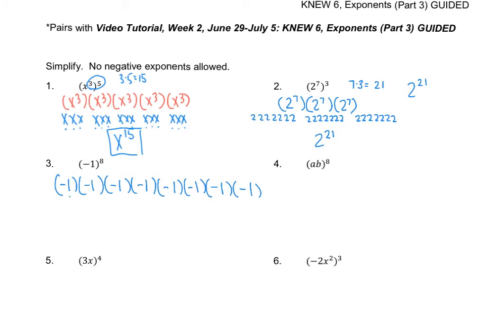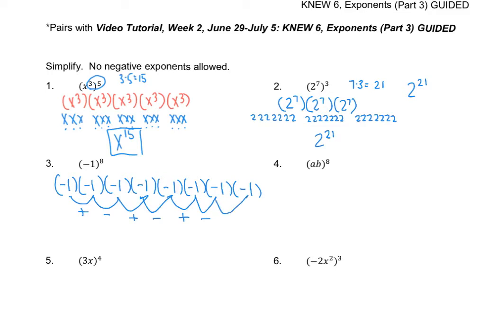A negative times a negative will be a positive. Times a negative will be a negative. Times another negative will be a positive. Times another negative will be a negative. Times another negative will be a positive. Times another negative will be a negative.